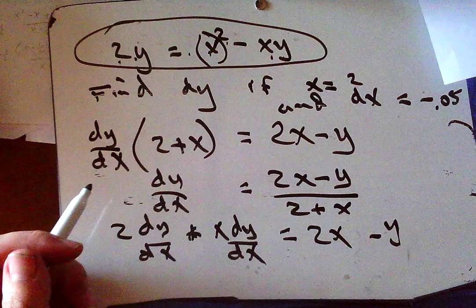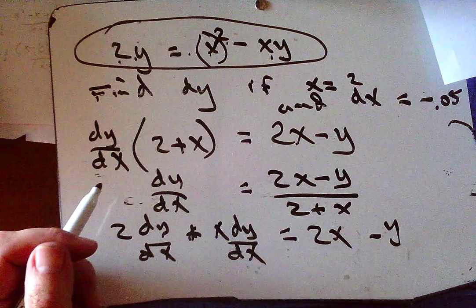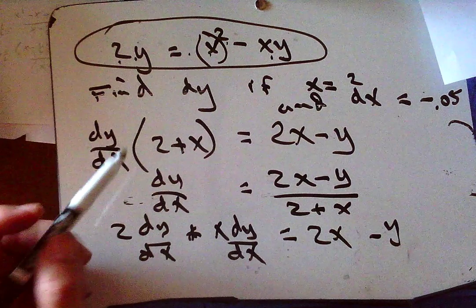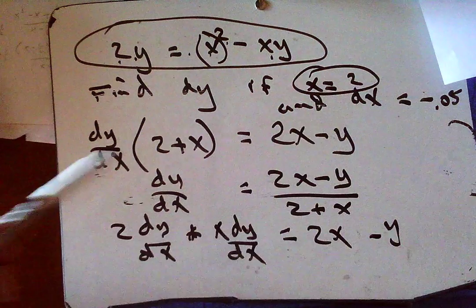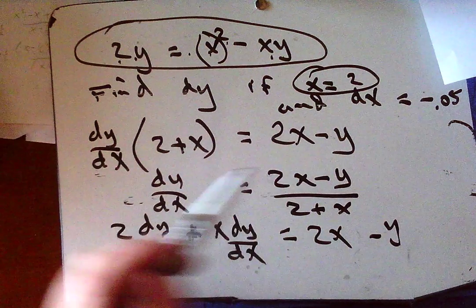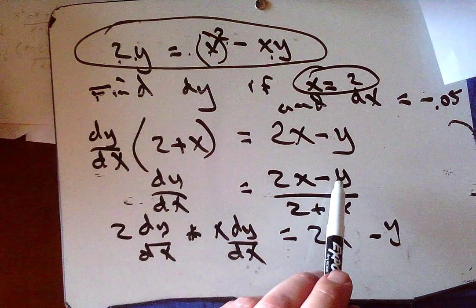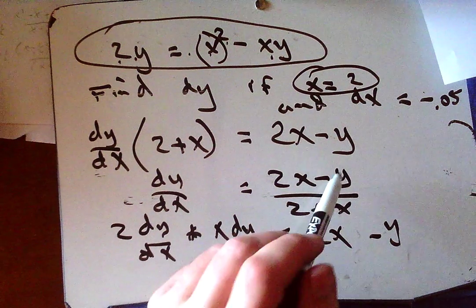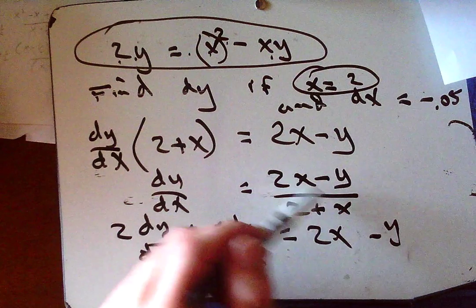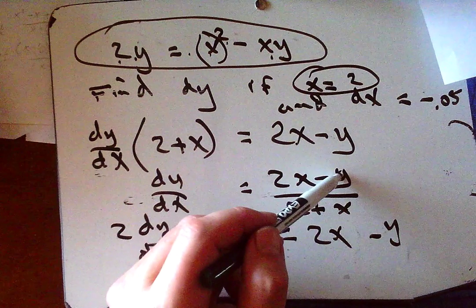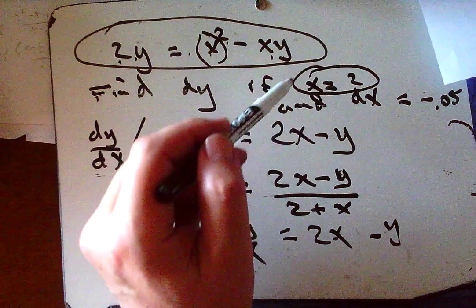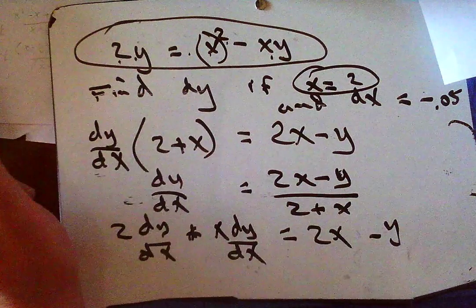Fabulous. I've got a dy dx. And I'm evaluating when x equals 2. Great, I'll be plugging 2's in here. But wait, I have a y here. So I guess not only do I have to plug in that x, but I'm also going to have to plug in a y. And I don't see a y here, which means I'm going to have to find that y first.